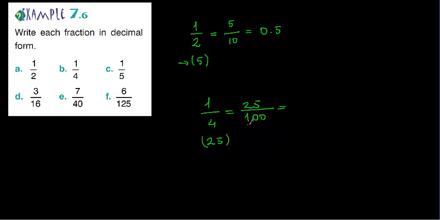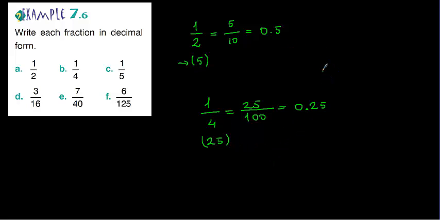So if there is 25 over 100, we write the 25, then we count the decimal digits with respect to the number of zeros, 2 decimal digits it should be, then we locate the decimal point. So the answer is 0.25.